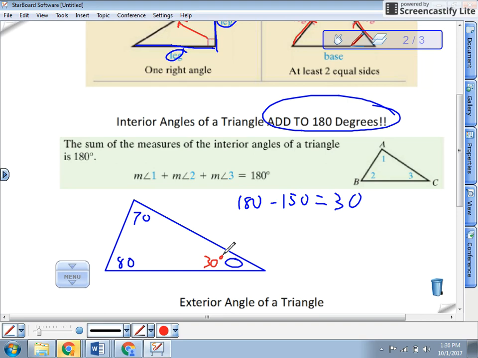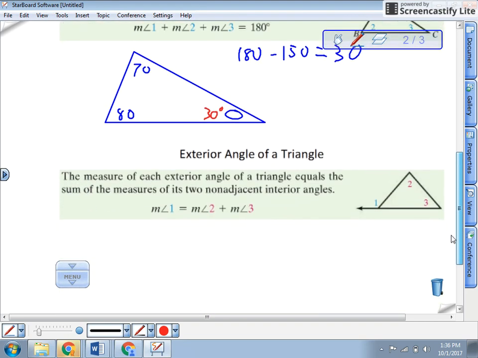That's simple. Now the next theorem, exterior angle of a triangle. You'll always know it's an exterior angle problem because they will include this little line right here. And all you need to know is that this angle 1 right here, the exterior angle, is going to be equal to the opposite interior angles, or the non-adjacent ones. Quick example of what that looks like.